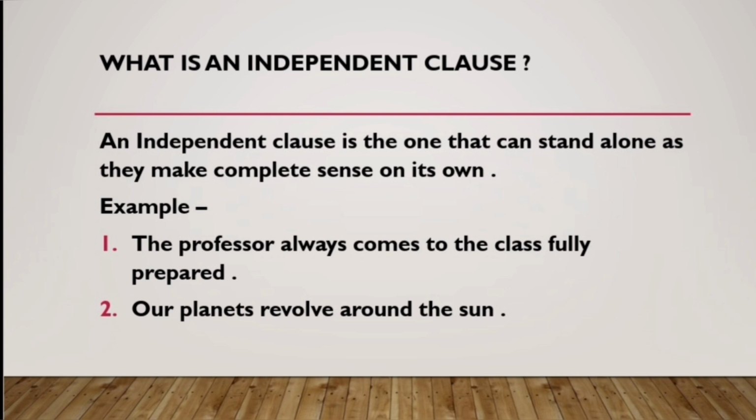The second example is: Our planets revolve around the sun. Here our planets is the subject and revolve is a finite verb. So this is an independent clause.